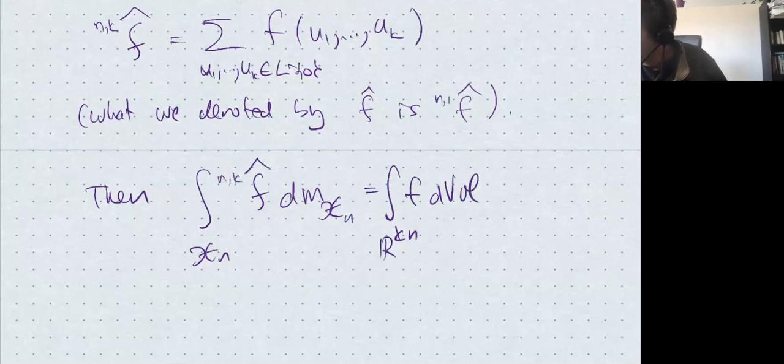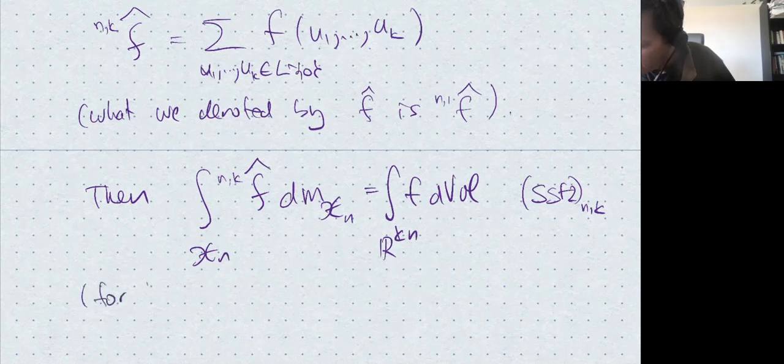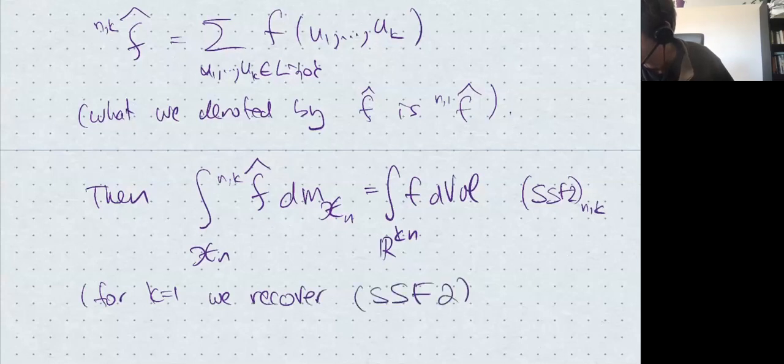I want to call this Siegel summation formula 2 with subscript nk. If k equals 1, this is exactly what we proved before. For k equals 1, we recover what I called Siegel summation formula number 2 in last week's lecture. This is a generalization.